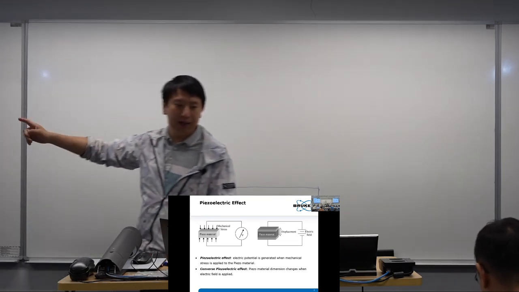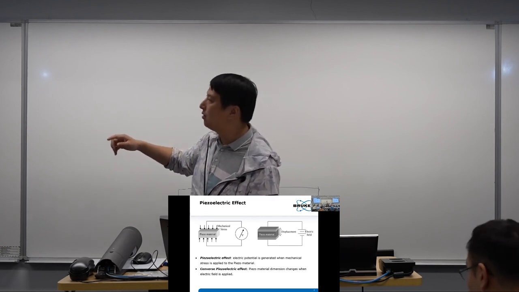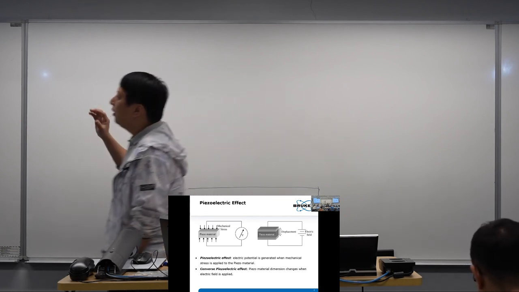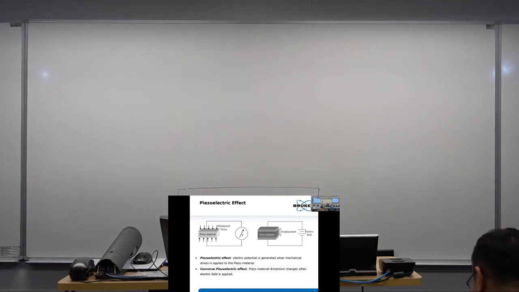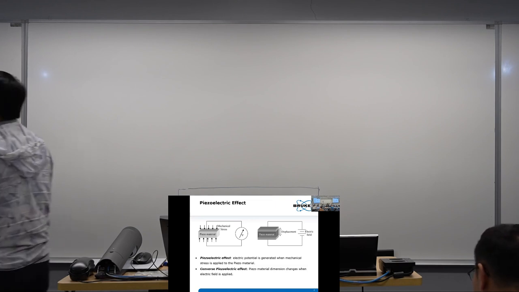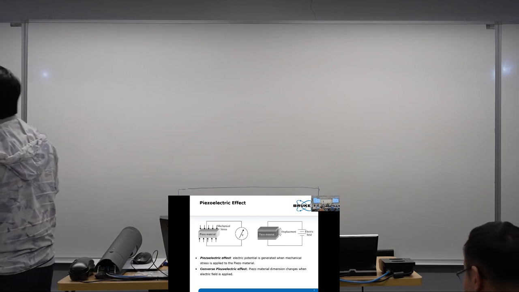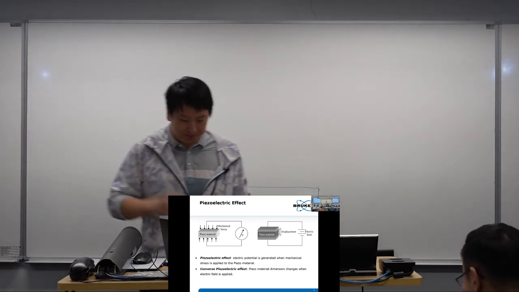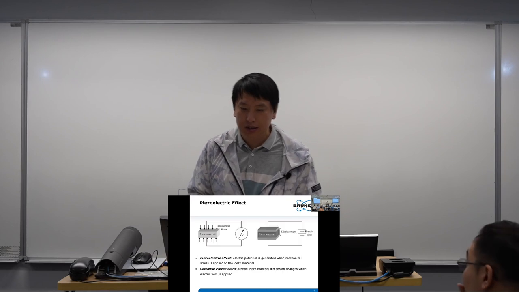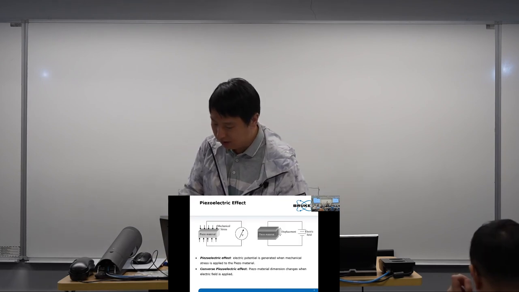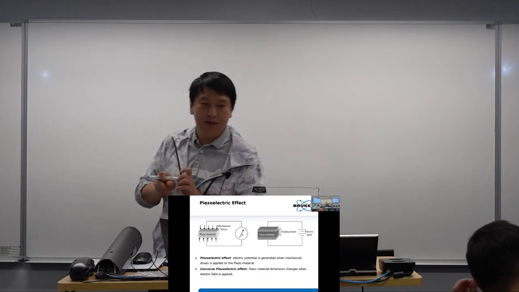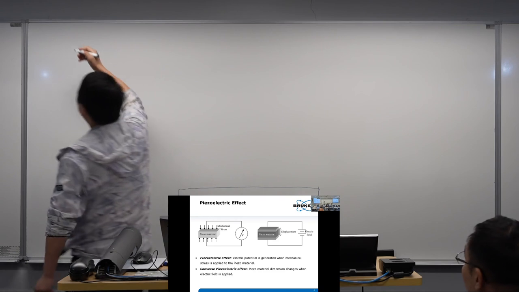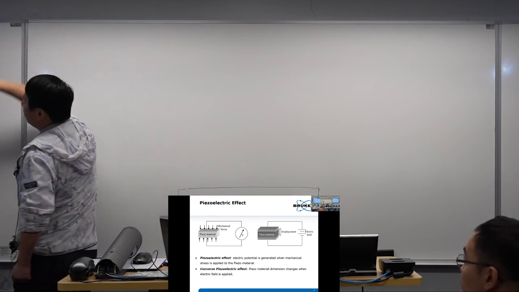So we define the piezoelectric effect as using pressure to change its charge status, and the converse piezo effect as using an electric field to change its deformation. So let's start with some physics first, talking about the piezo effect.